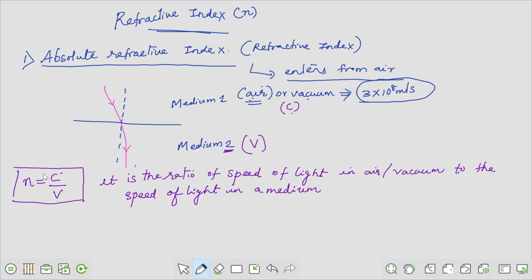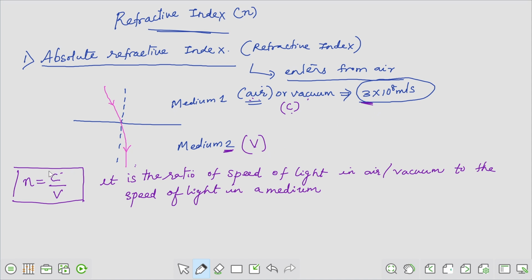Now, C is speed of light in air or vacuum, that we already know. It is 3 into 10 power 8 meter per second. It is a constant value. What about V? V means speed of light in a medium. It always changes. It will always be less than this value.